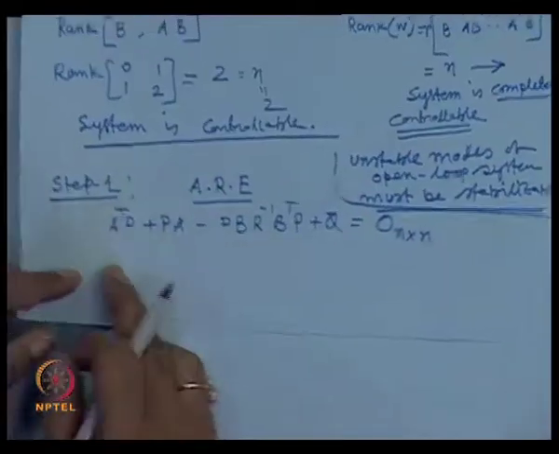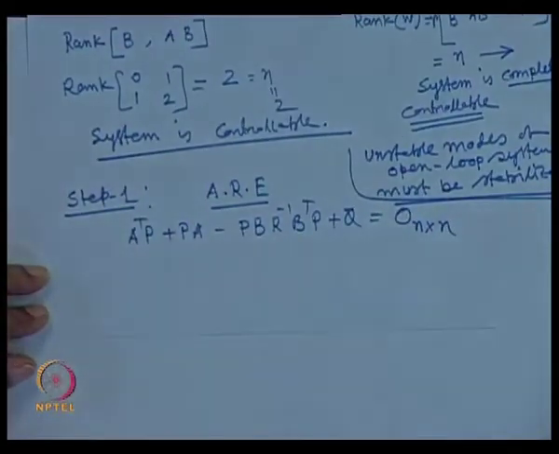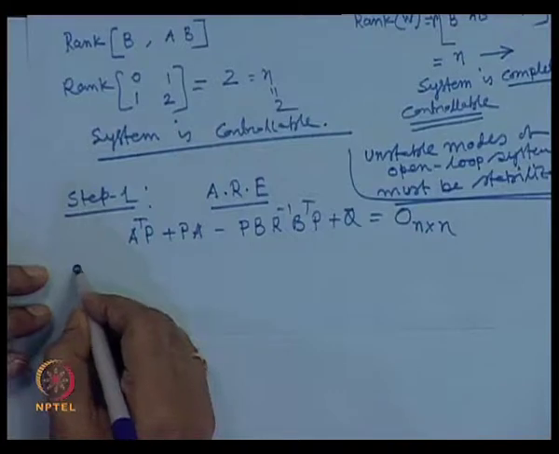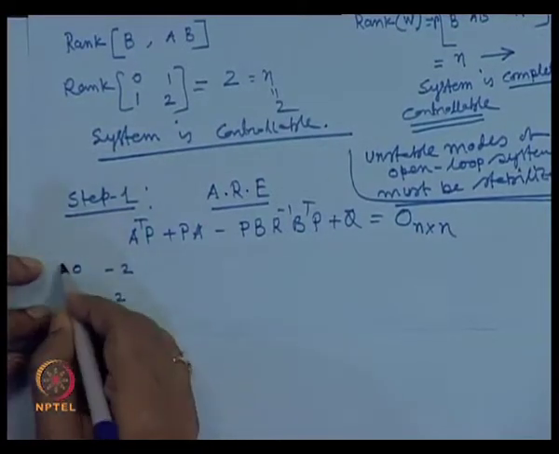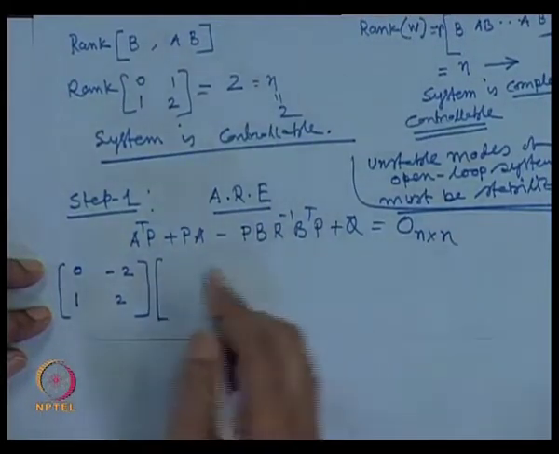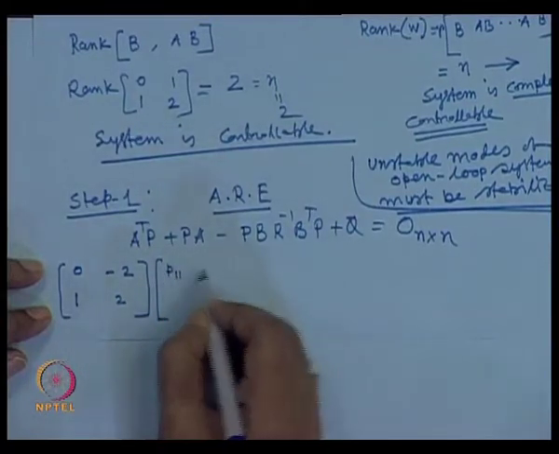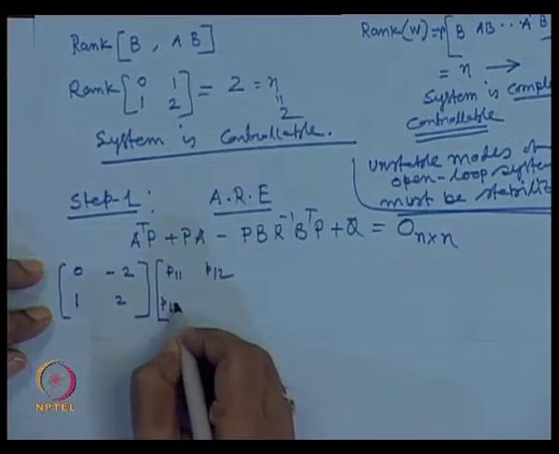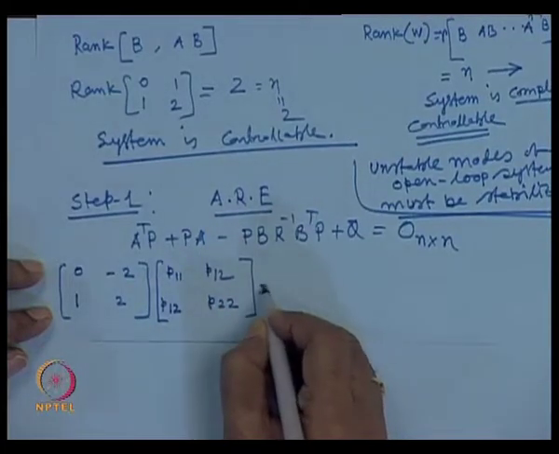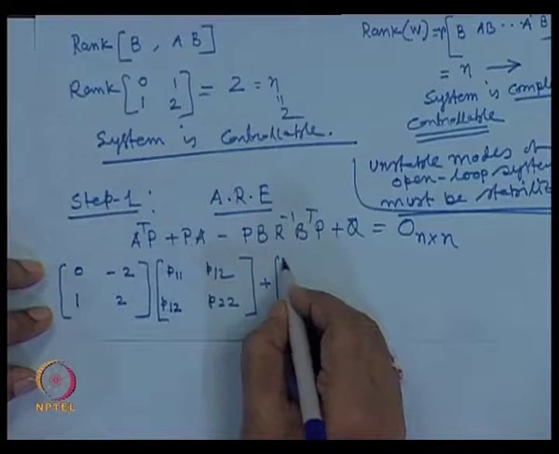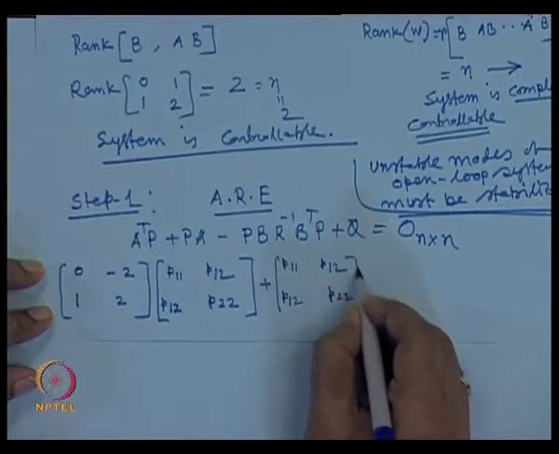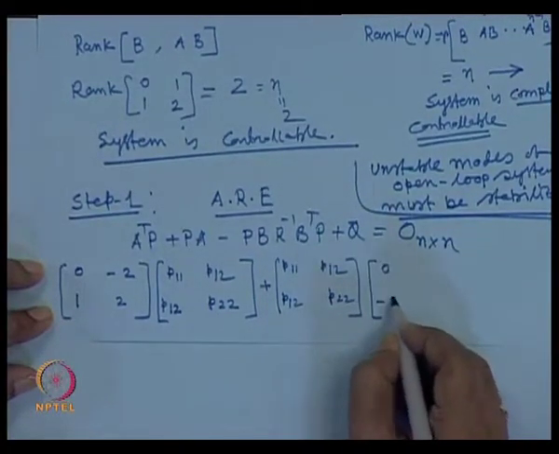Let us see. I will put in the values. A transpose, you write it: 0 1 minus 2 2. Then P is a symmetric matrix and positive definite, and the solution you should get is positive definite: P 1 1, P 1 2, P 1 2, P 2 2, since P 1 2 is equal to P 2 1.